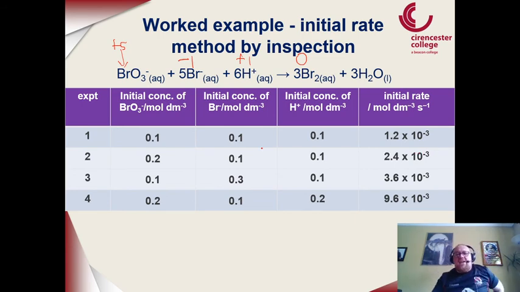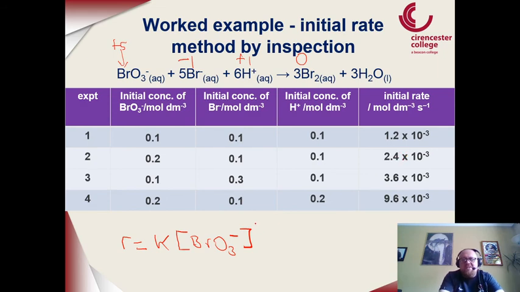So I can see that the rate, which I'm going to call R, is going to equal a rate constant K times the concentration of BrO3 minus, and if I times it by 2, it times the initial rate by 2, so therefore the order must be 1 because it's only increasing by the same number of times.